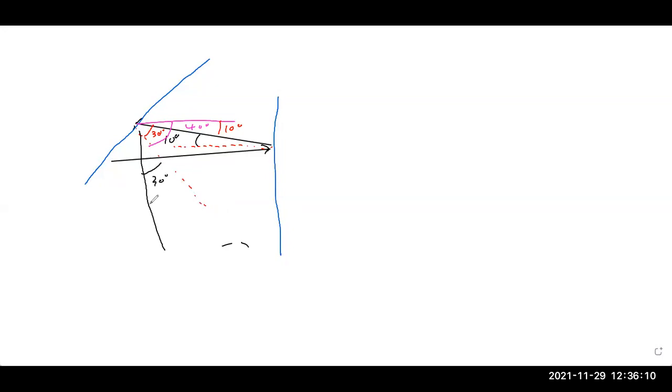So that makes this whole angle 30 degrees plus 40 degrees, for 70 degrees. Pretty close to minus y, but still some positive x components.